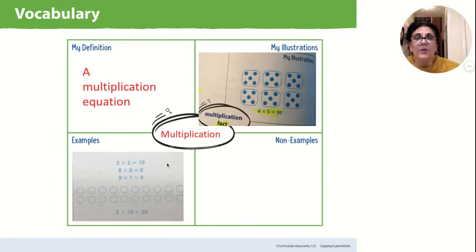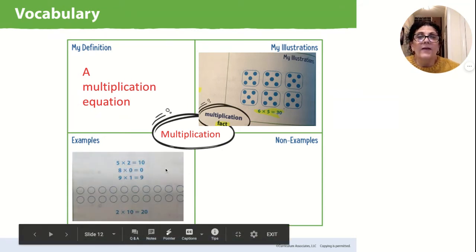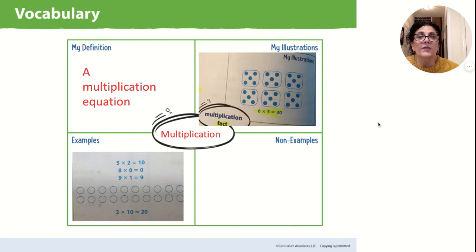Another example, if I have 5 times 2 is 10, I would have 5 groups with 2 in each group. I could skip count by 2's 5 times if I wanted to, because this picture would be 2 plus 2 plus 2 plus 2 plus 2. So I'd say 2, 4, 6, 8, 10. That would match this picture, 5 groups of 2.